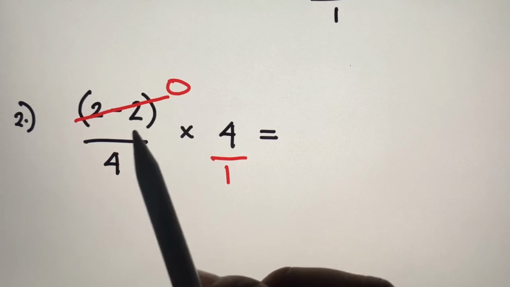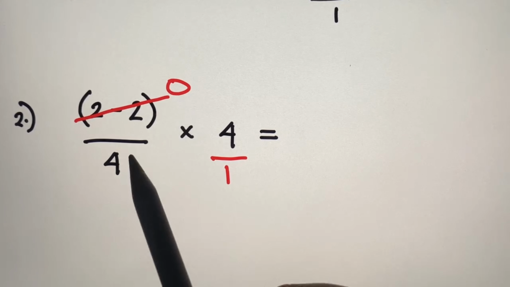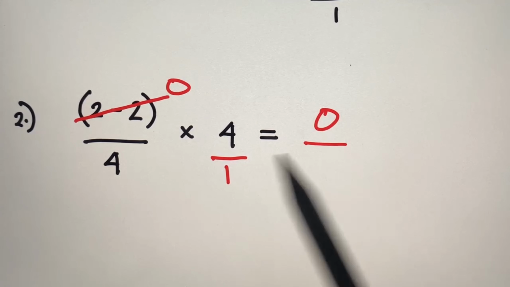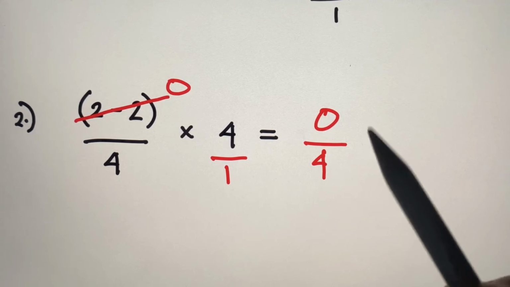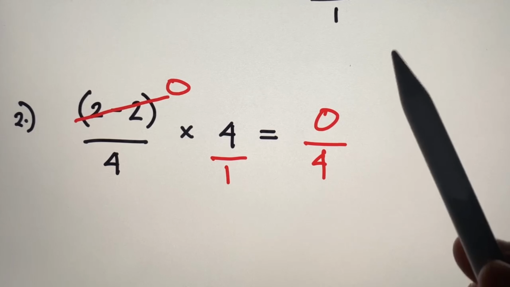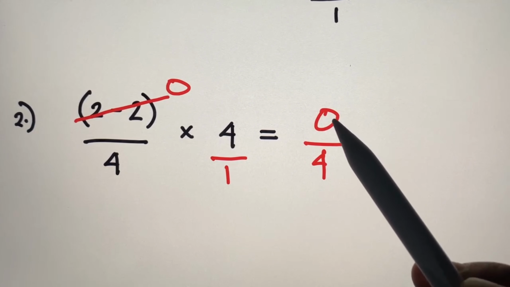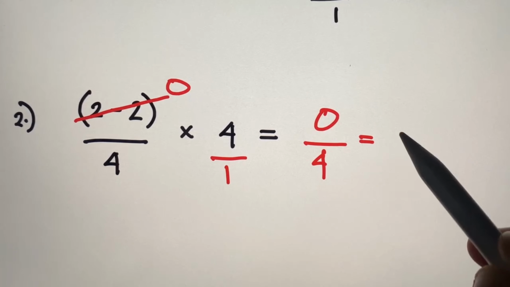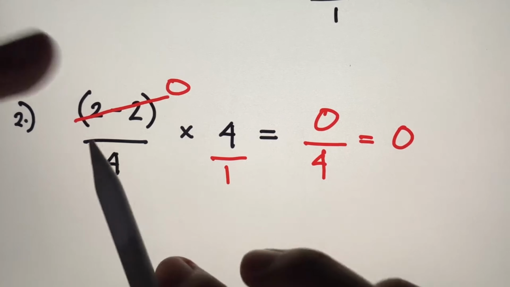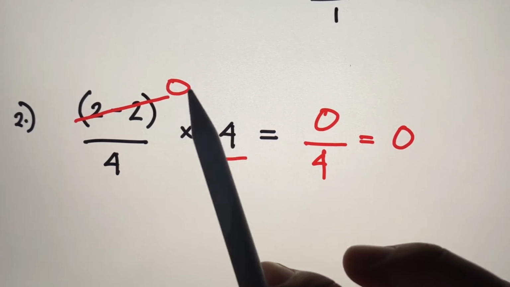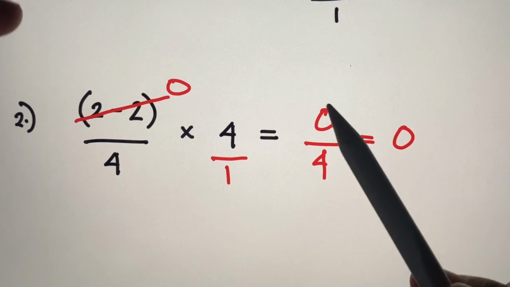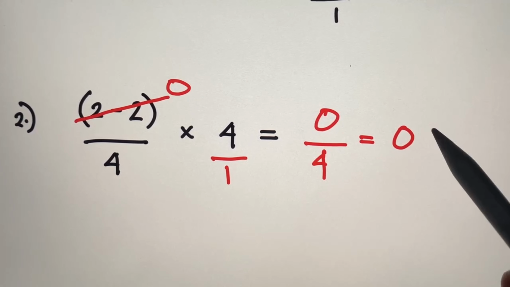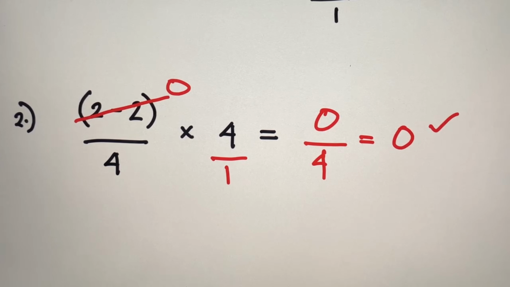So in here, 0 over 4, or we could just multiply. 4 times 0, that would be 0. 4 times 1, that would be 4. 0 being divided by any number is just equal to 0. So don't be confused about this one, because this is a valid operation. We can divide 0 by a number, it's valid. So the answer to this one is 0.